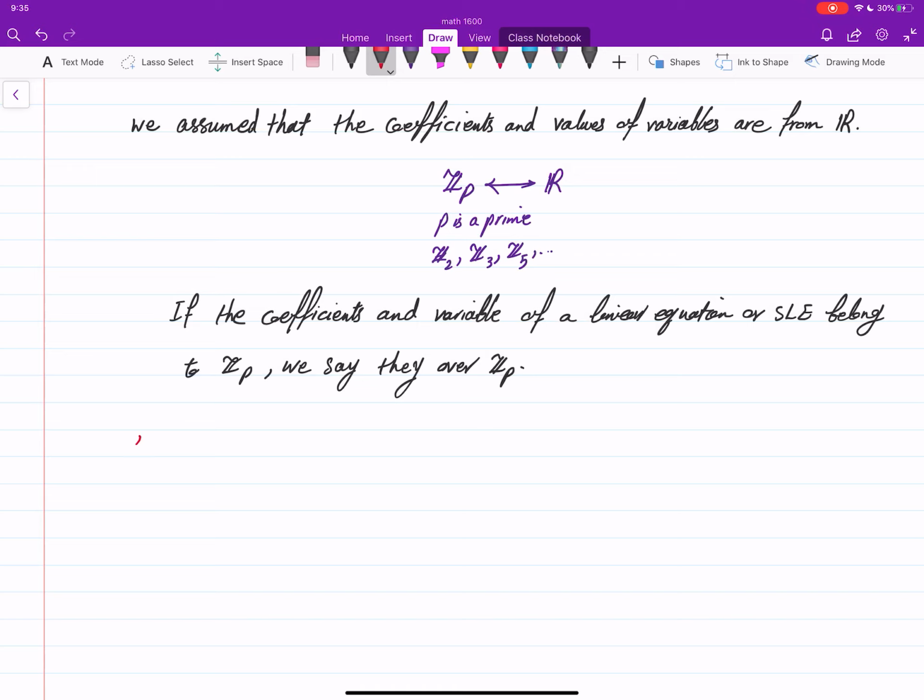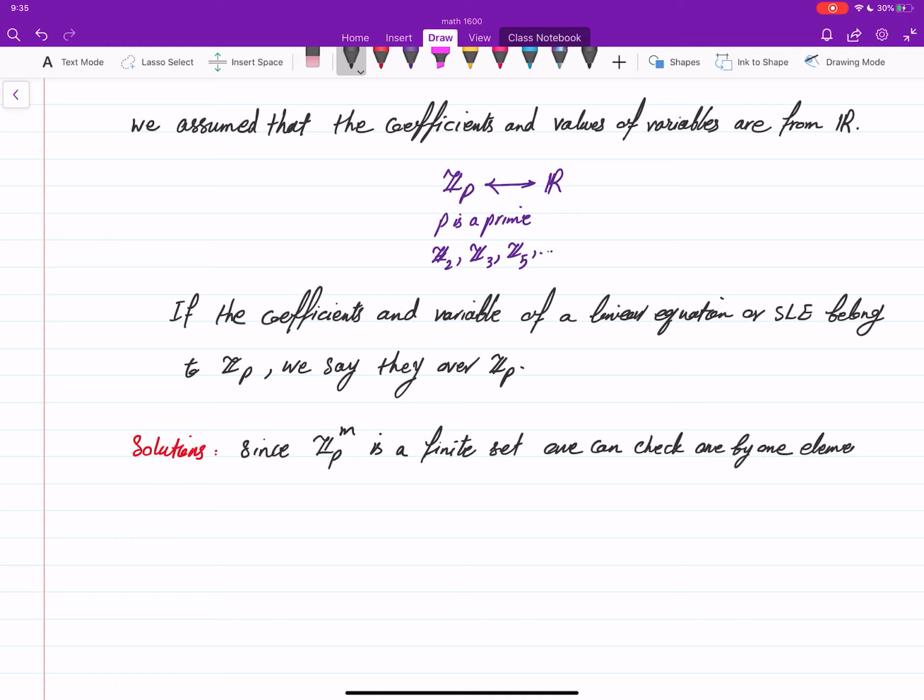So since Zp to the power m is a finite set, one can check elements one by one to find all solutions or the set of solutions of a system of linear equations or just a linear equation.